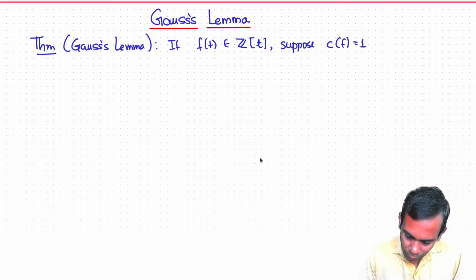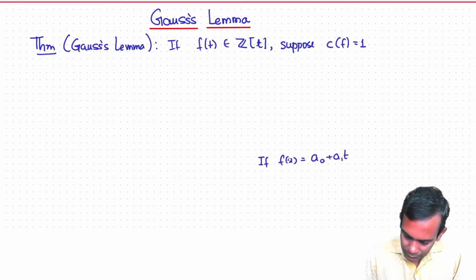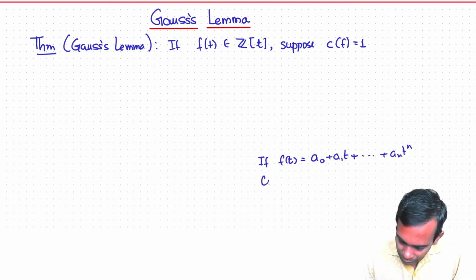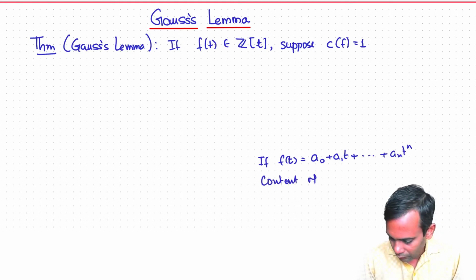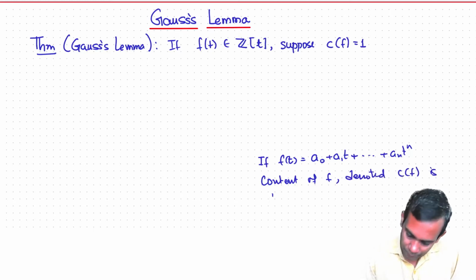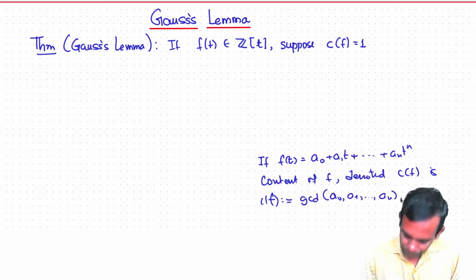So if we have a polynomial f equals a0 plus a1 t, it's a polynomial in the variable t, plus a_n t to the n, then the content of f, denoted cf, is defined by: cf is just the GCD of the numbers a0, a1, ..., an.